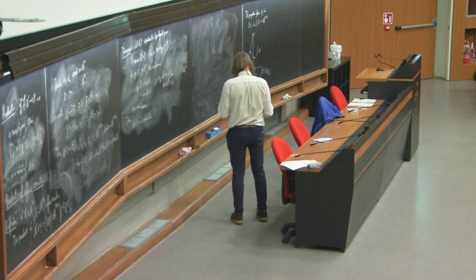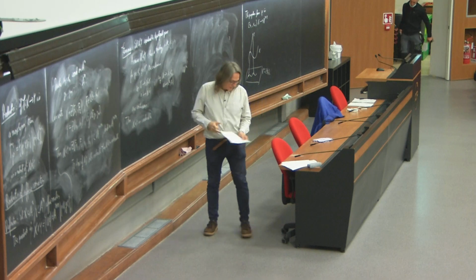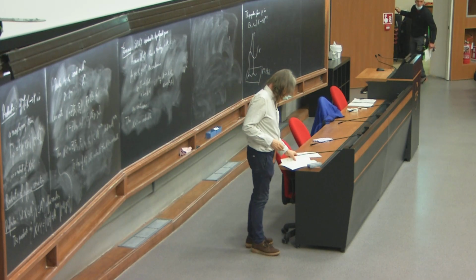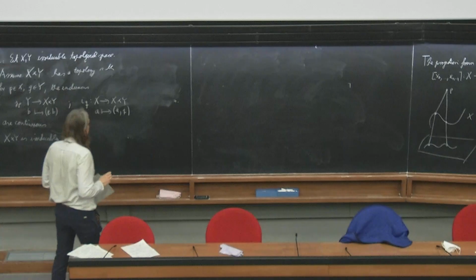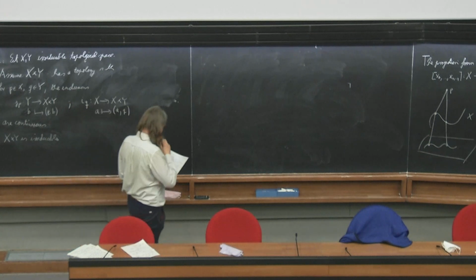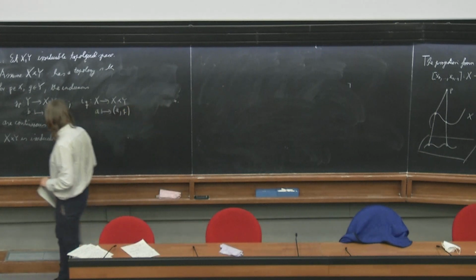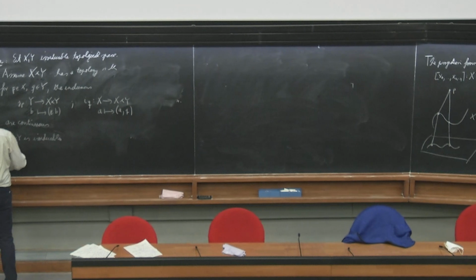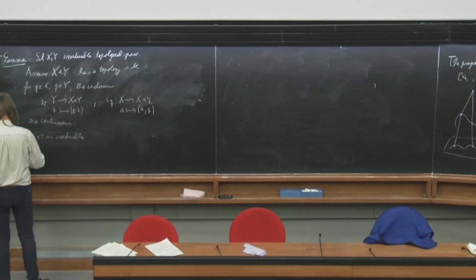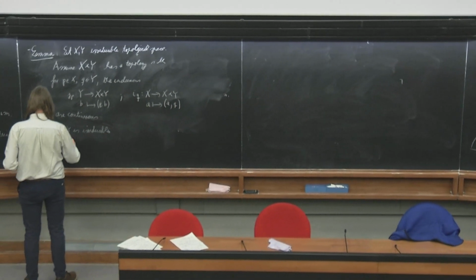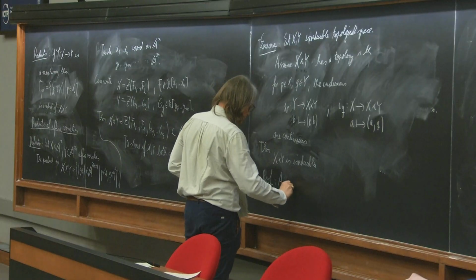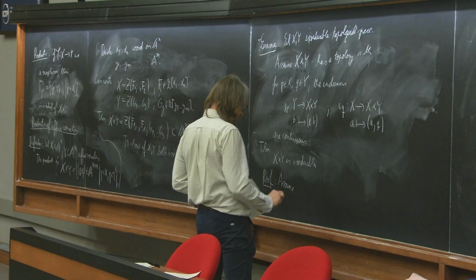Obviously we make an indirect argument. So we assume that X times Y is reducible.